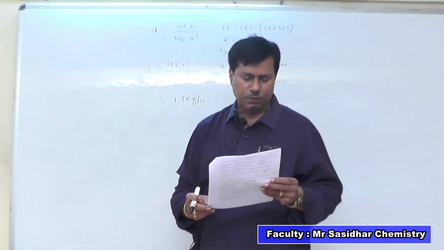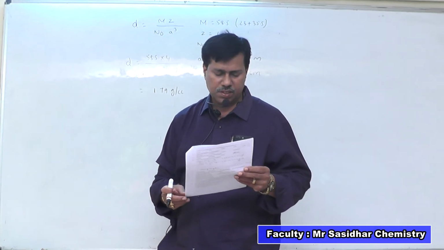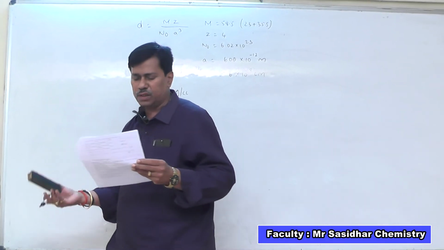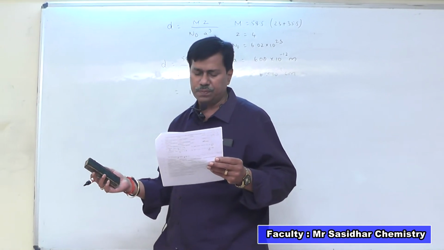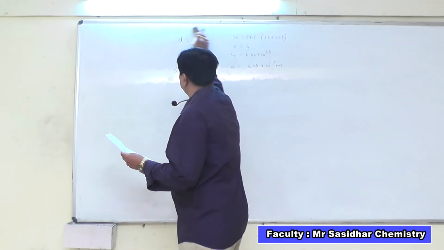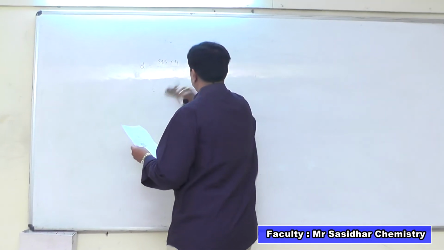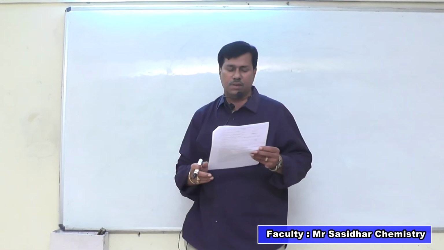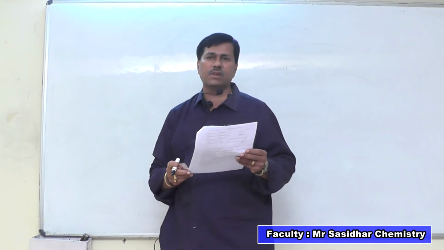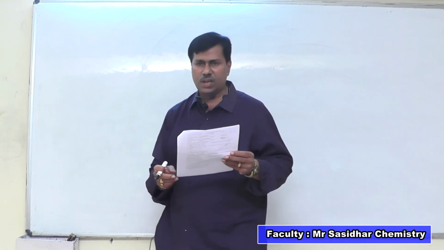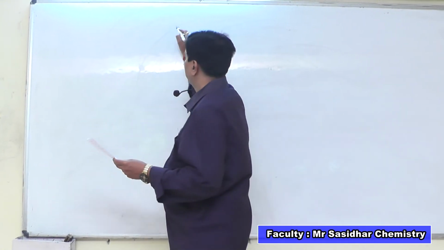So moving to question number 46. Cesium bromide has a cubic structure with edge length 4.3 angstrom, find the shortest interionic distance between Cs plus and Br minus. So shortest interionic distance is nothing but rc plus ra.